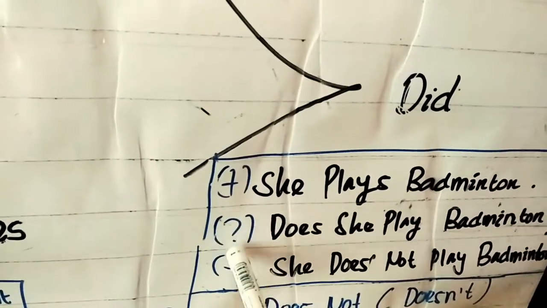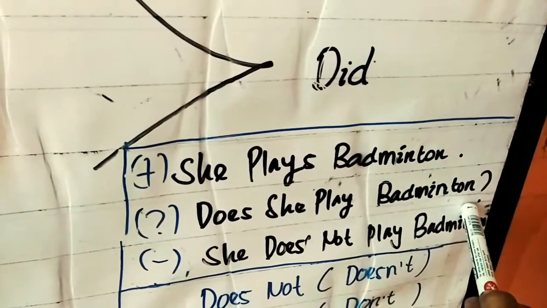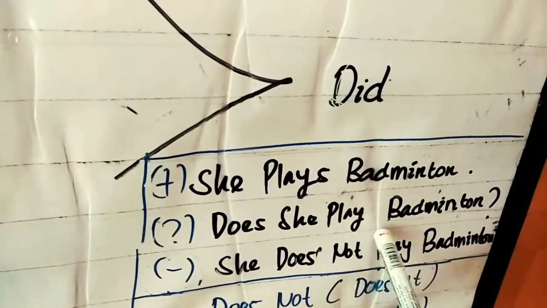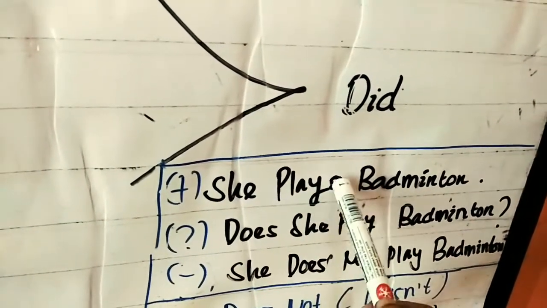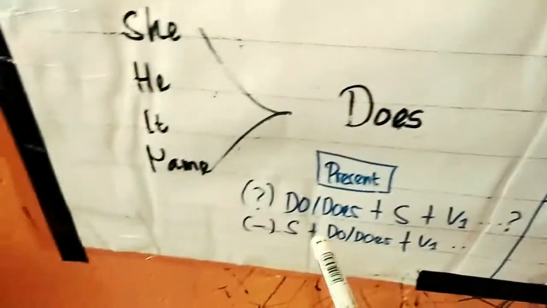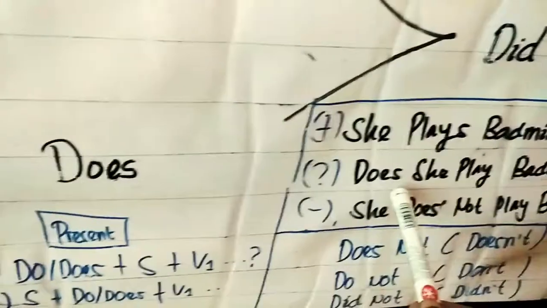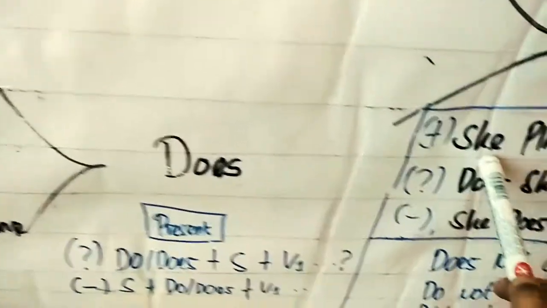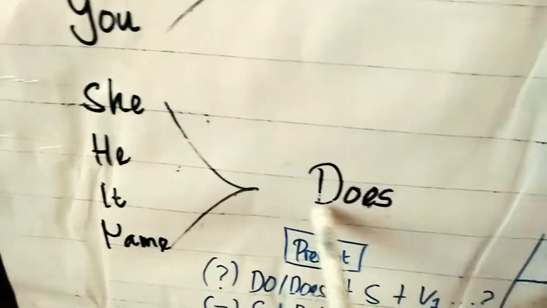And take a look at the other sentence. The interrogative sign: Does she play badminton? We make the sentence based on the positive sentence. This one. Interrogative, does. Why don't we put do? Because the subject is she. The subject is she, so she uses does, no do.